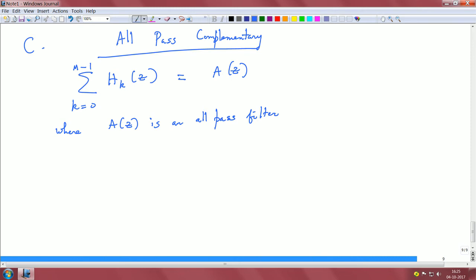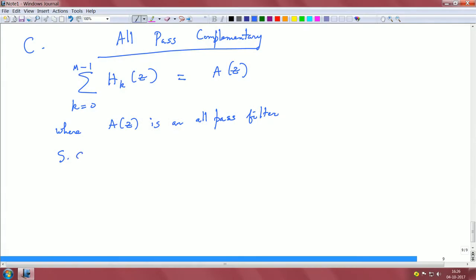Now, you might wonder, is there any link with all pass complementary and strictly complementary function? Strictly complementary functions are all pass complementary because some gain times a delay is all pass, but all pass filters are not strictly complementary functions.